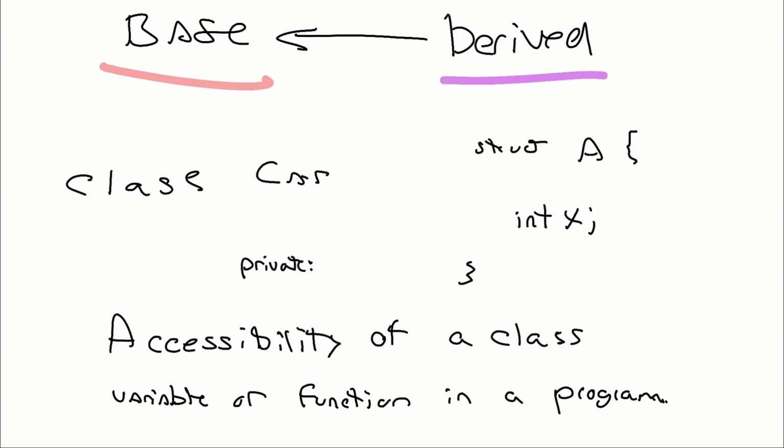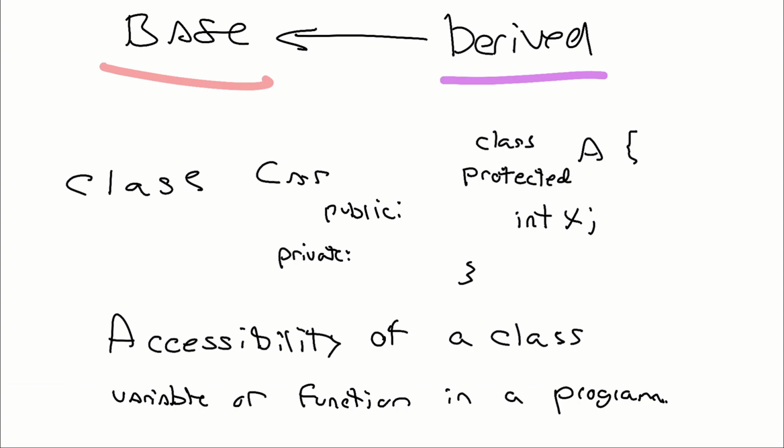But if I took this out, then it would be the same thing as putting the word public here. Okay, that's again the only difference between a class and a struct. But it's better to be explicit, so we either put public or private, or I suppose the third case, which we just learned about, which is protected.